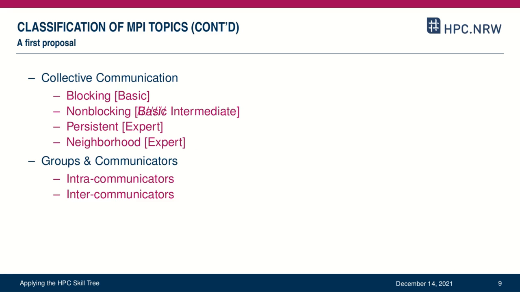So then we have groups and communicators. That is also something where I say the intra-communicators. Actually, there are like two parts of groups and communicators that people should understand. And the first one is basic, because people need to understand what a communicator is, because it's basically the bread and butter of MPI. It's the communication context abstraction that is provided with MPI_COMM_WORLD and MPI_COMM_SELF.